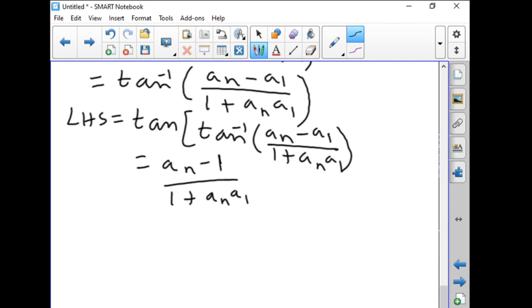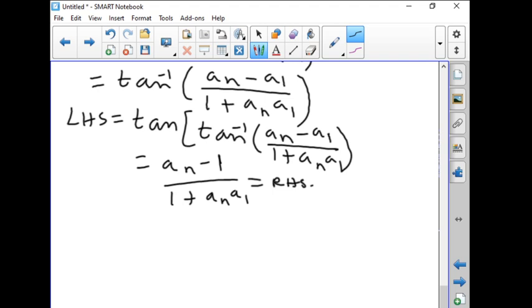Hence we have proved it, which is equal to the right hand side. All these examples are a little different, so we have taught you. The other examples you have to take for homework.